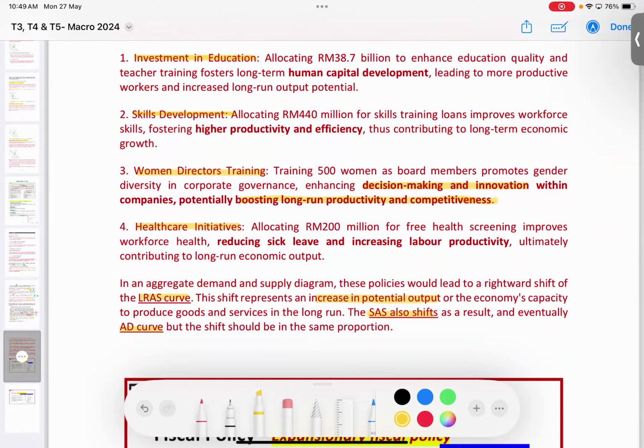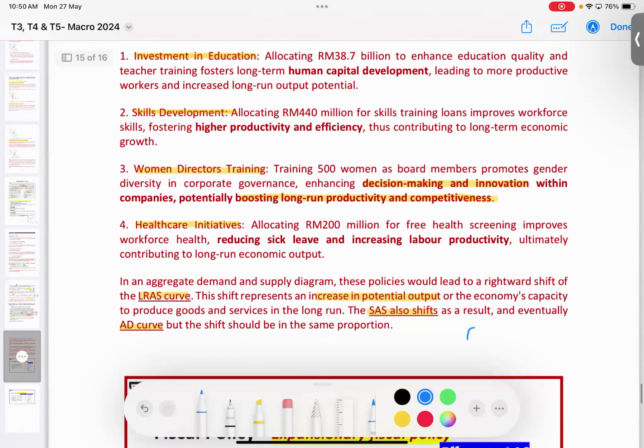Okay, and at the end AD shifts. Now, when we talk about the AD shift, it depends on how you draw the graph. Okay, you can draw the AD curve shift in the same proportion, or shift more than that, or shift less than that. But remember, at the end, you must specify your outcomes, whether your price level is higher or remains the same or lower, and the output is higher. So remember, you must talk about the outcomes, the final outcomes of your diagram.